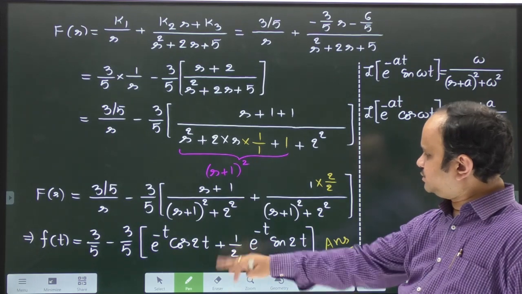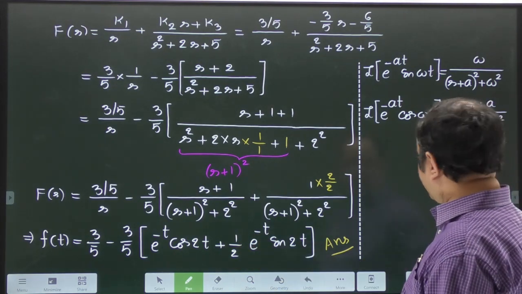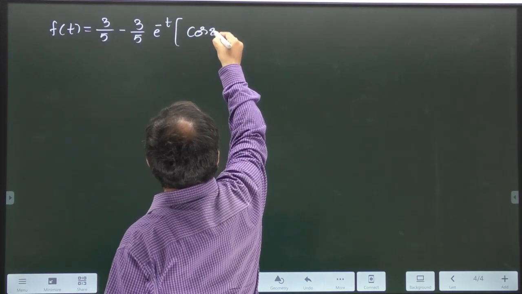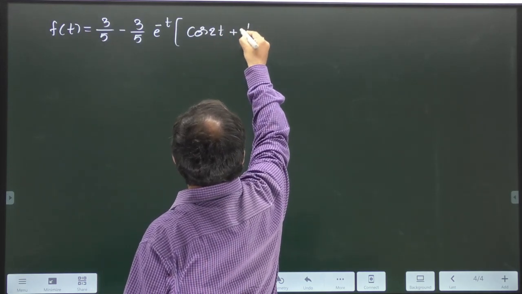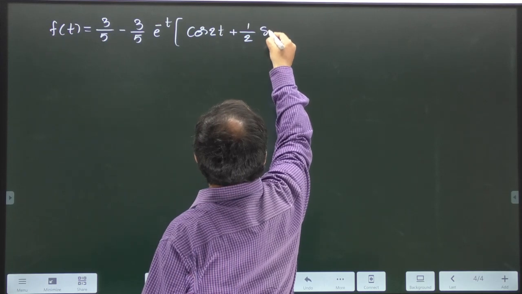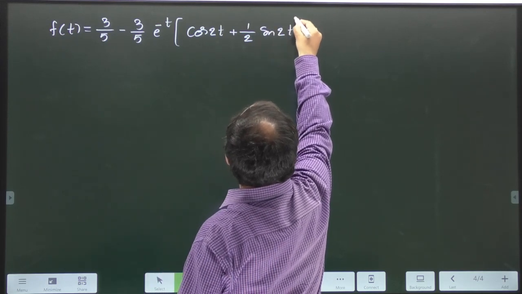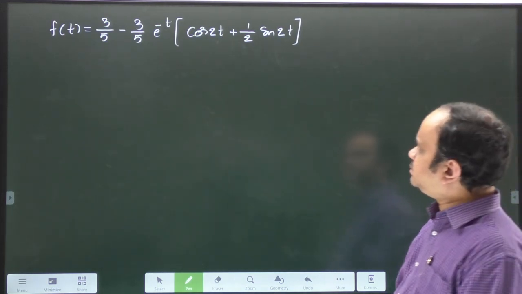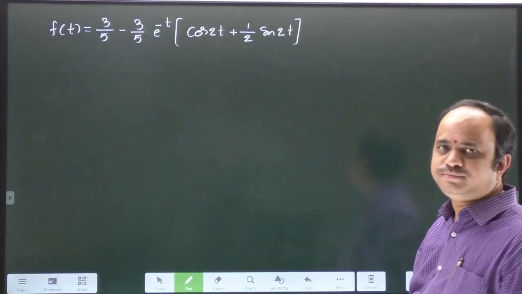I took it out from these two terms. Then what we have, cos 2t here plus 1 by 2 sin 2t, right? So, this is what f of t we have.